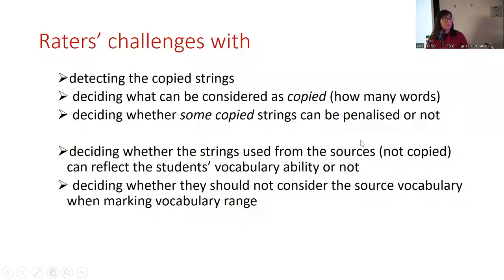And therefore, deciding whether they shouldn't consider the source vocabulary when marking vocabulary range, like divorcing vocabulary from the source text and saying that these are the words that were not included in the source text, and that's why we will consider only these words when rating vocabulary range. So these were some of the insights from raters' thinking while they were marking the essays.